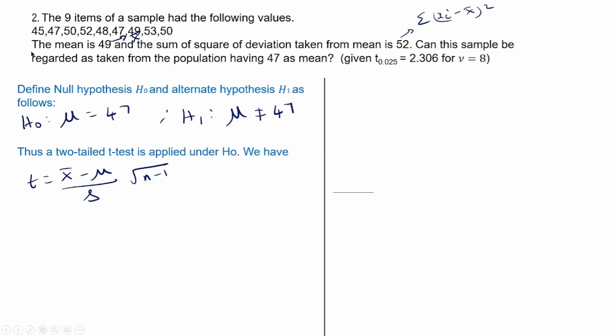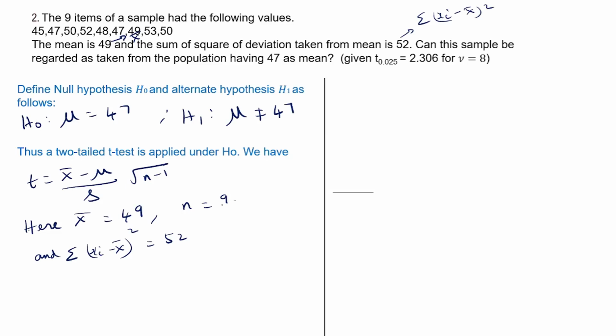Here although the sample observations are given, they have given the mean directly, so we need not calculate it. Here x bar is equal to 49 and summation xi minus x bar the whole square is 52.